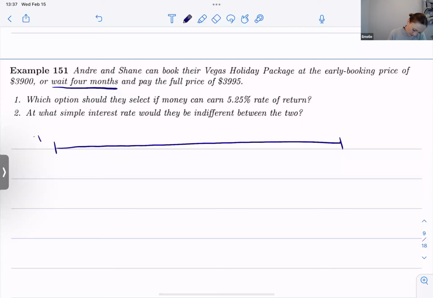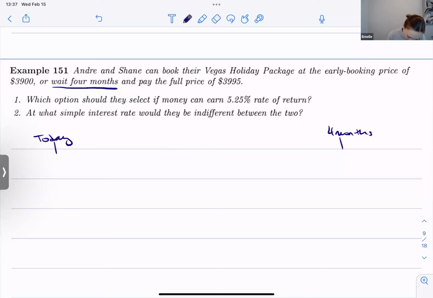I'll just make it today for simplicity's sake, and then 4 months from today. We don't need to get any more specific than that.